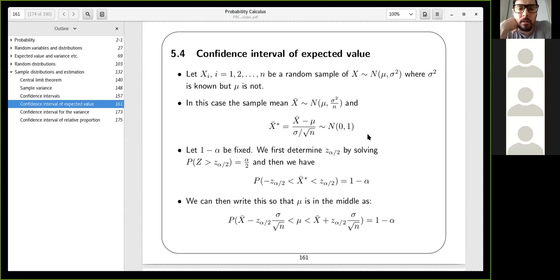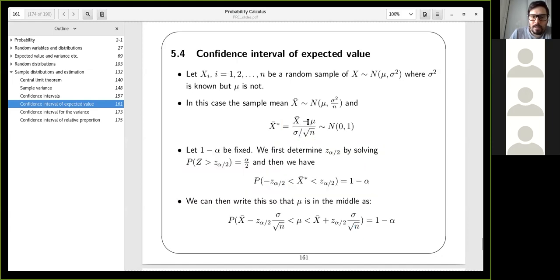So now we solve this for mu. This is in the middle, so we have to multiply both sides by sigma over the square root of n. So we get this, and this with a minus on the other side.